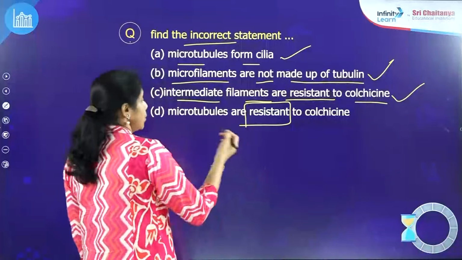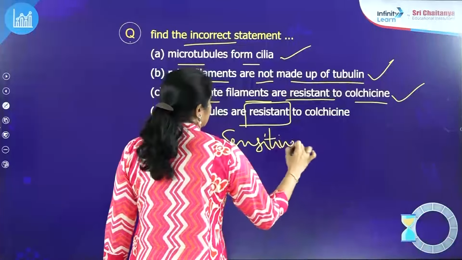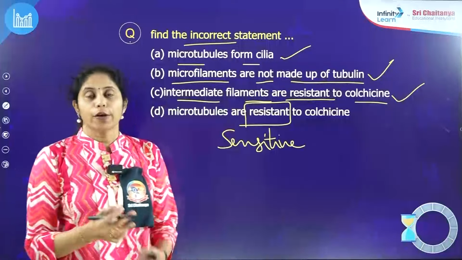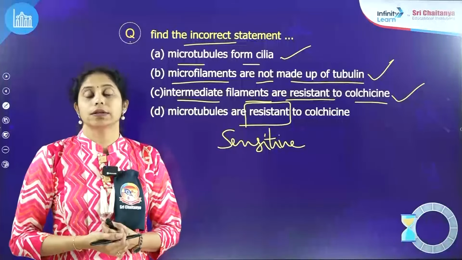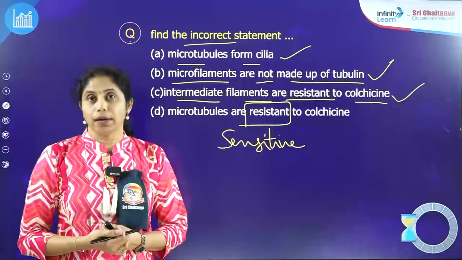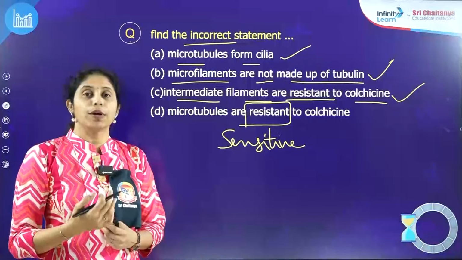This is wrong because microtubules are sensitive to colchicine. Microtubules will be arrested by the colchicine, because it is obtained from a particular plant and it will arrest the cell division in the metaphase without forming the spindle.